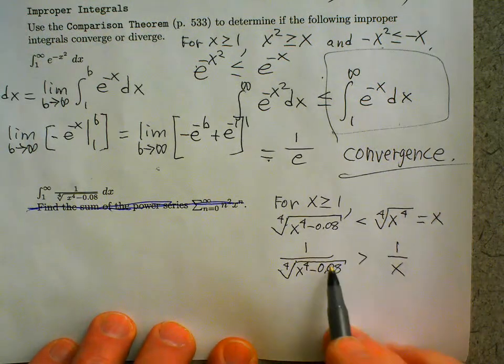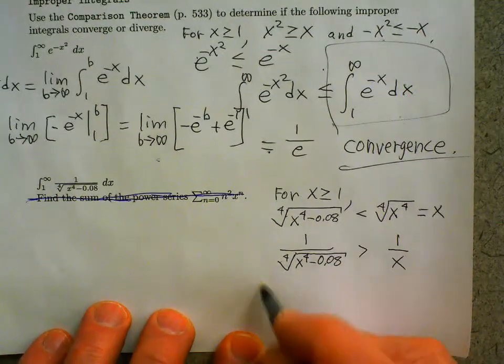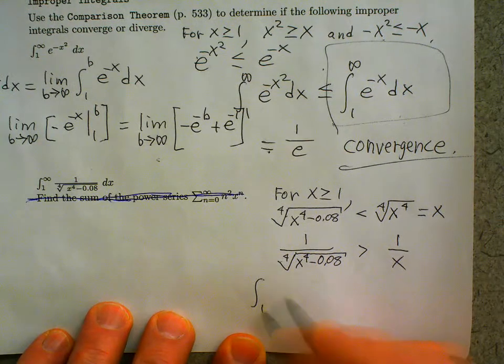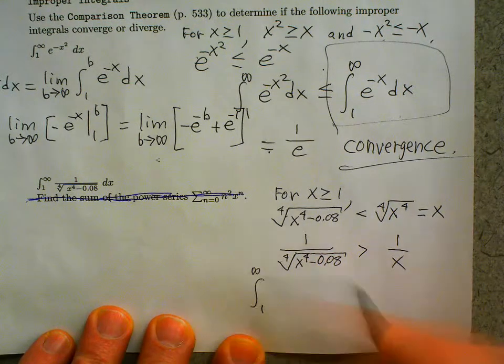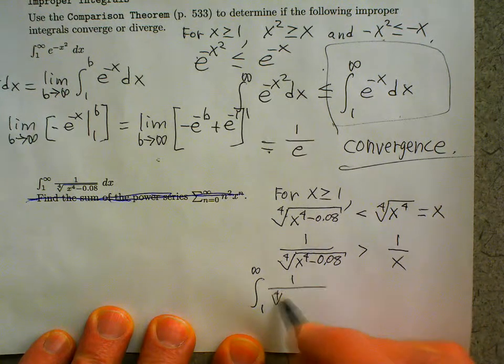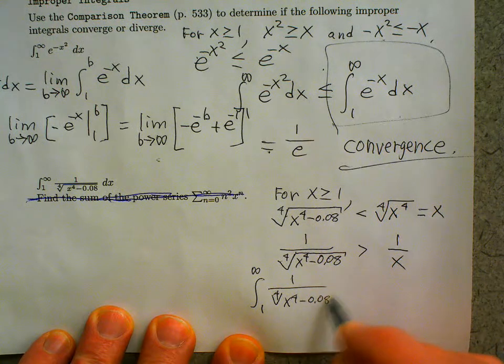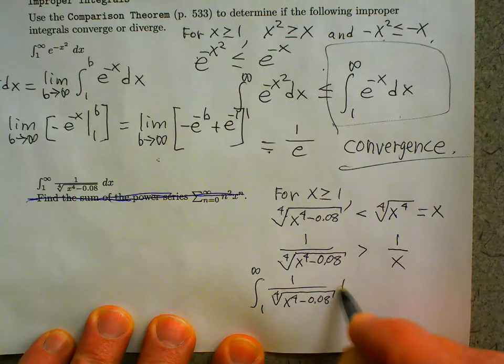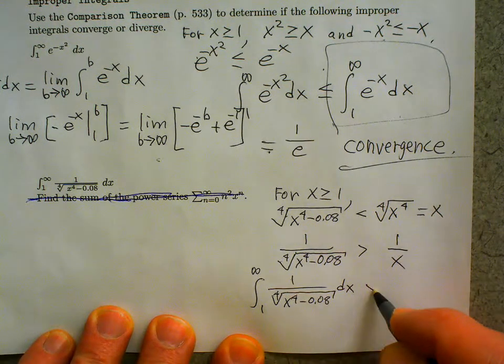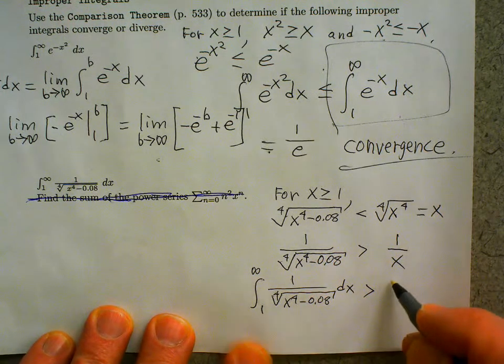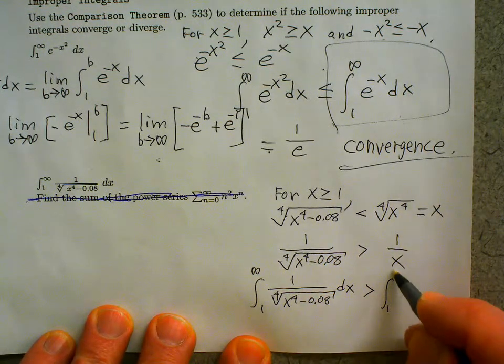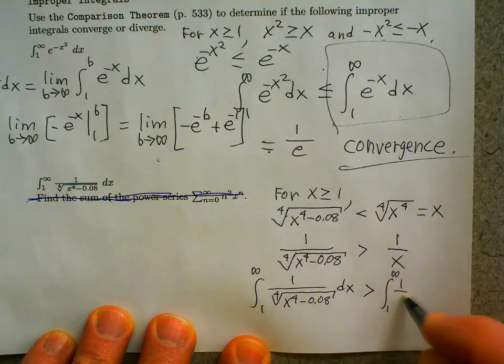So this should mean that the improper integral of 1 over the 4th root of x to the 4th minus 0.08 dx, that should be greater than the improper integral of 1 over x from 1 to infinity.